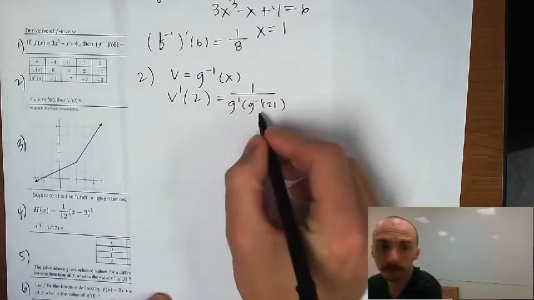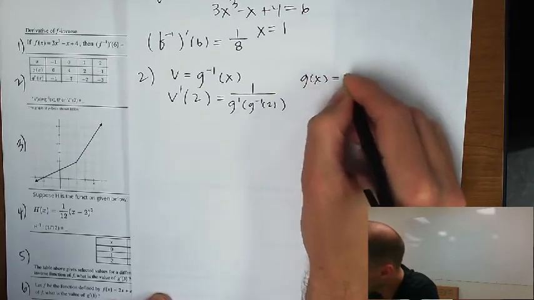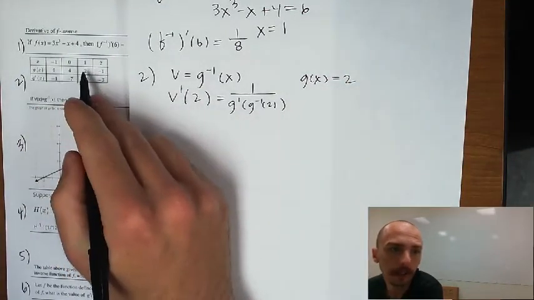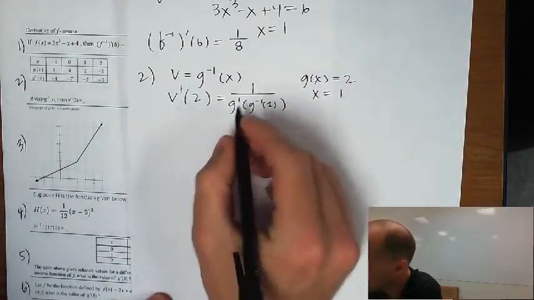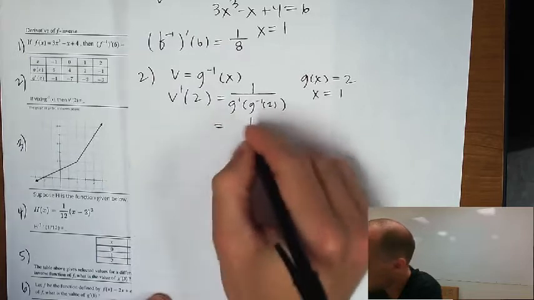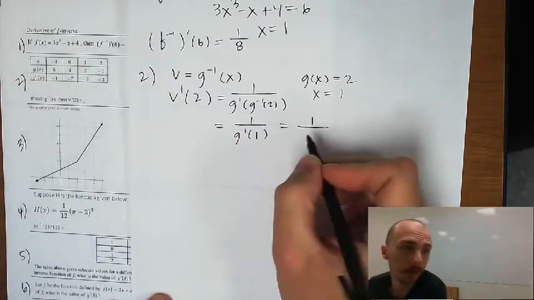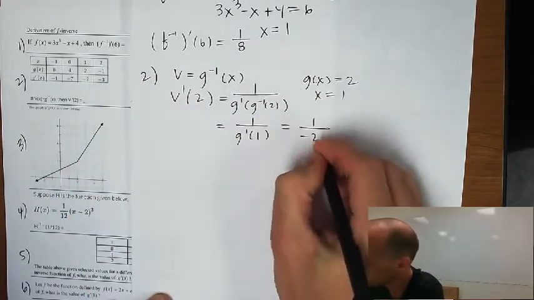All right, g inverse of 2, I'm going to say g of x equals 2, and find out what x gave me that. Okay, g of x equals 2 right here, that's x equals 1. Okay, so I need 1 over g prime of 1, which is going to be 1 over, you go to the table and it's going to be right here, g prime of 1 is negative 2.